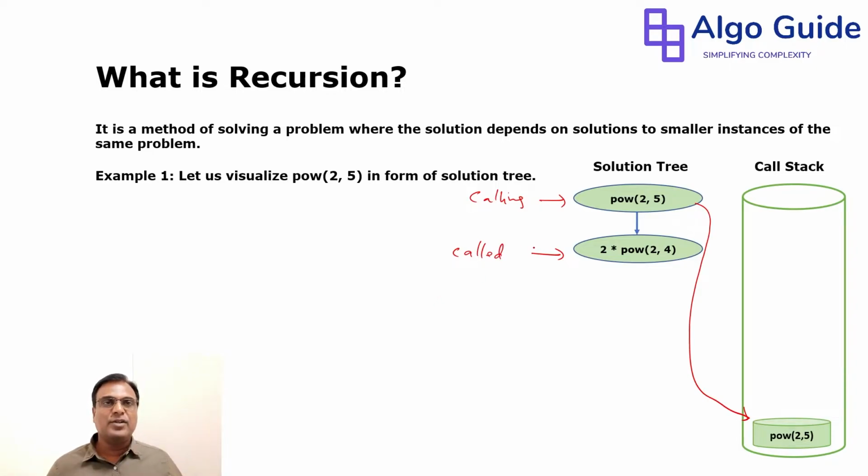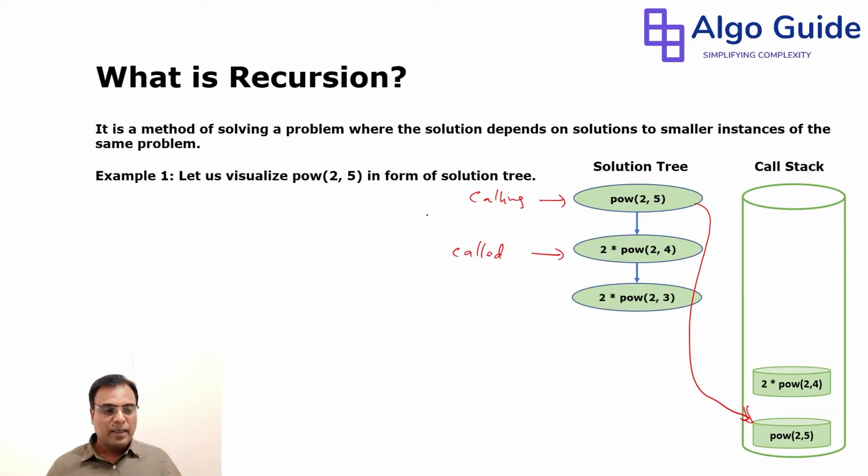So whenever a function is being called, the calling function is pushed into the stack and the function is called. And when the function returns whatever the functionality computes and returns the value, it returns at the place where it was called and that address is popped from the call stack. Now this 2 into power 2, 4 internally now calls the power method with the value of n decremented by 1, which is now 3.